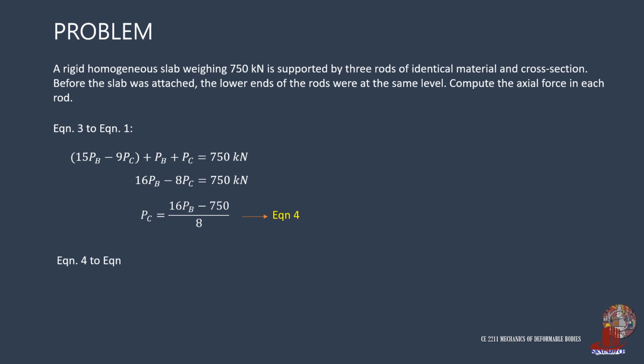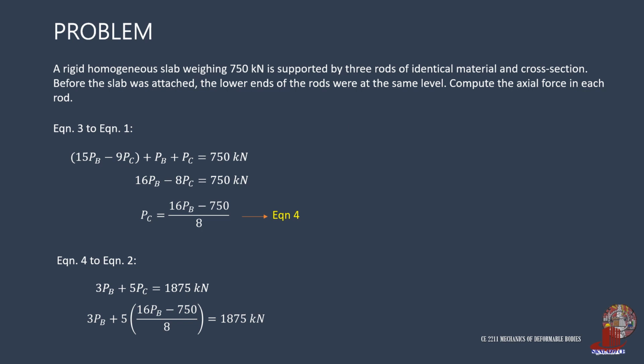Use this into equation 2, which is 3P of B plus 5P of C as 1,875 kilonewtons. This becomes 3P of B plus 5 times 1/8 of the quantity 16P of B minus 750 as equal to 1,875 kilonewtons.